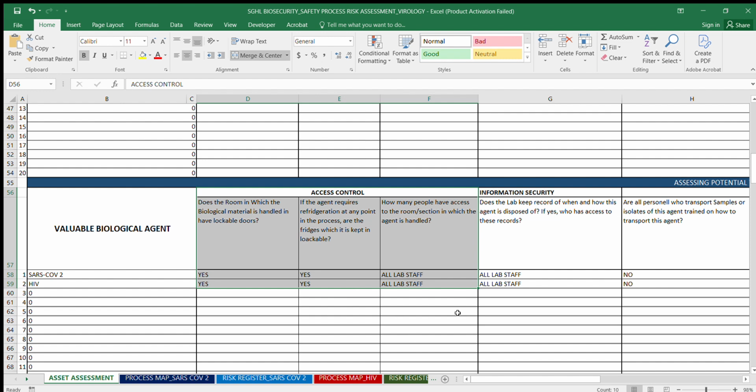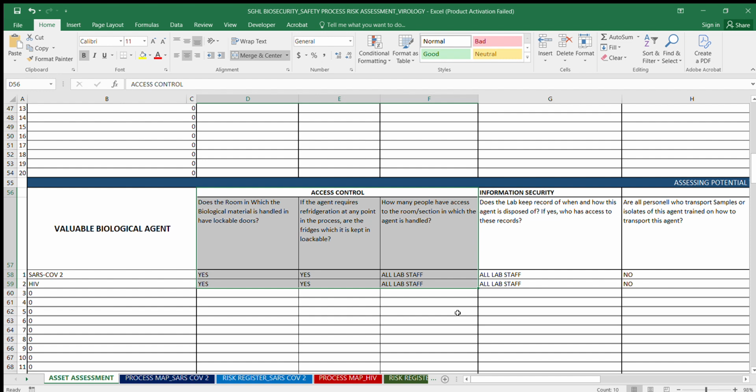The next part is your information security. So under information security, you're looking at the information about the biological agent. You may have inventories, results and the like that are related to the asset, and sometimes you may need to dispose of this particular agent or samples.